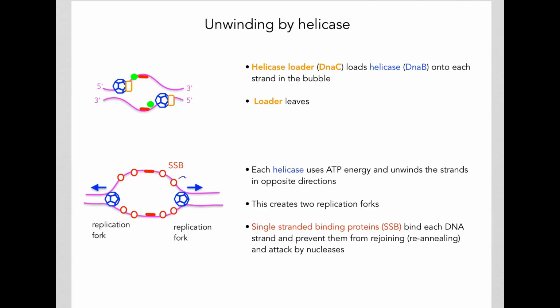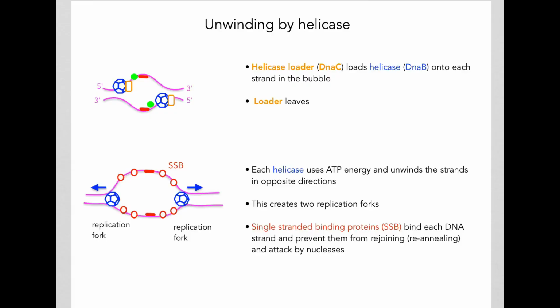So this region here that resembles a fork is called a replication fork. Similarly, there is another replication fork. So there are 2 replication forks created around the ORI-C. Now remember that this strand is complementary to this strand. So if we separate the 2 strands and do nothing about it, they will come together, they will re-anneal, they will rejoin.